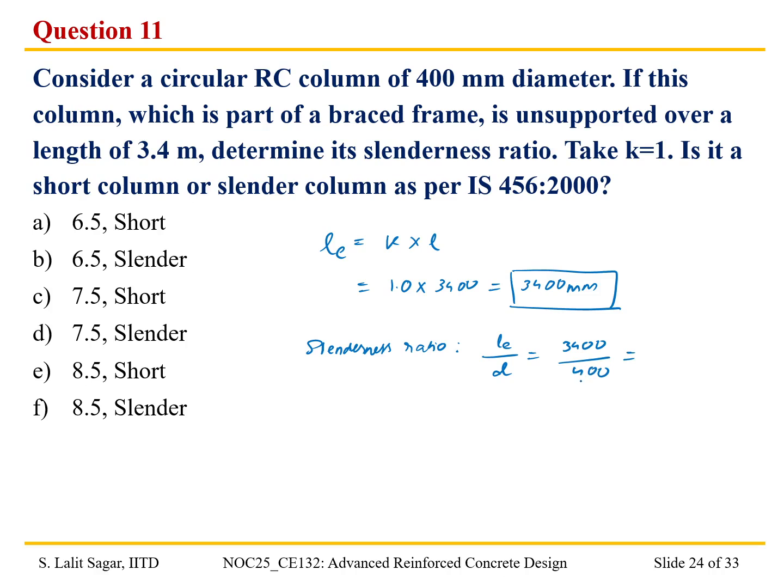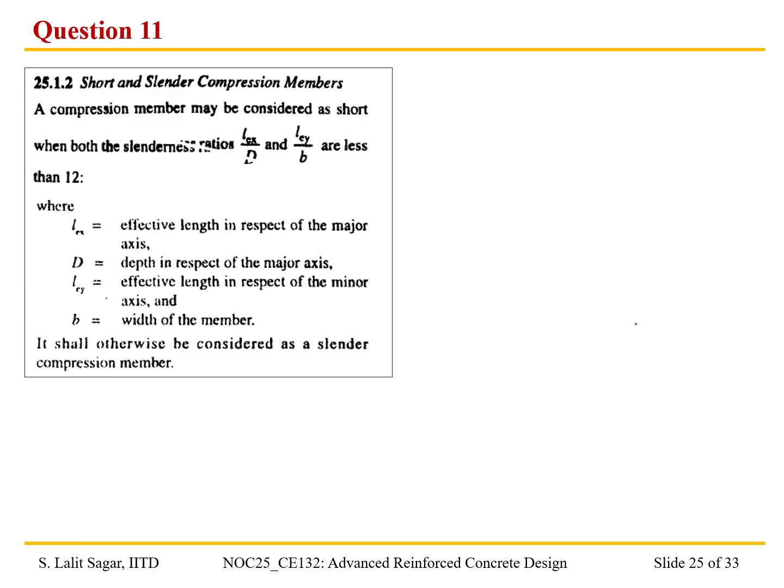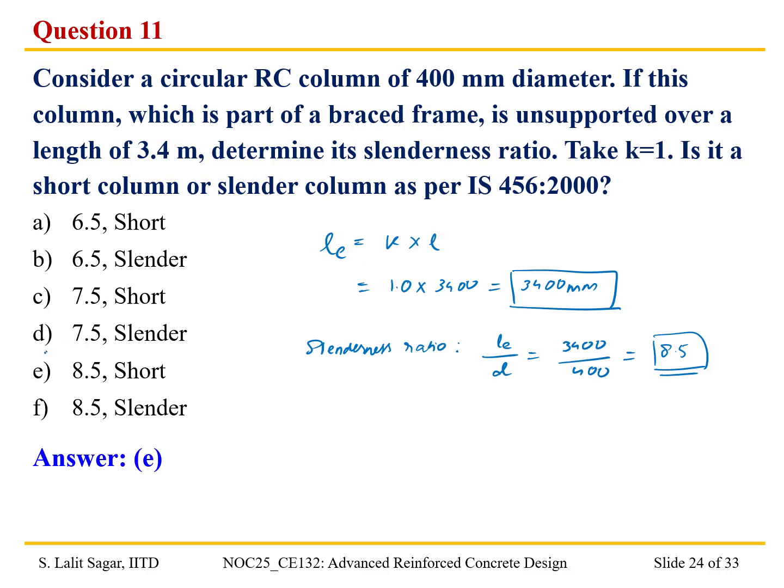That is 34 by 4, 8.5, right? 8.5. And since the slenderness ratio is less than 12, it can be considered as a short column. So option E is the correct response.